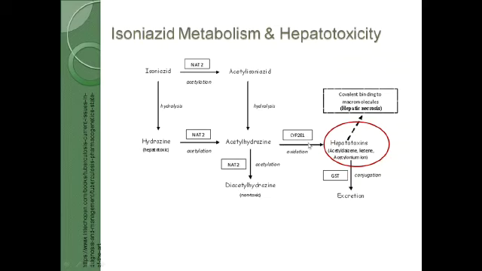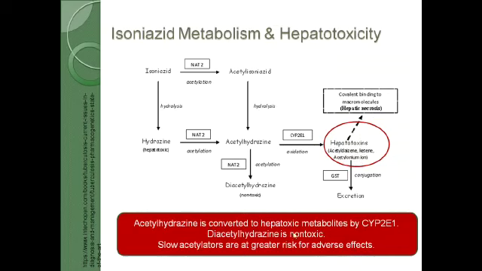And if it is oxidated by CYP2E1 to other metabolites which are hepatotoxins, then they may cause hepatic necrosis. For this reason, if the patient is a slow acetylator, this pathway is working slowly, then acetylhydrazine will be shifted to this pathway and hepatotoxins will be produced. And if they can be conjugated by glutathione, they will be excreted. But if glutathione depletion is present, then they will cause hepatic necrosis.